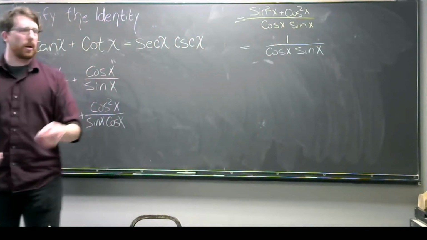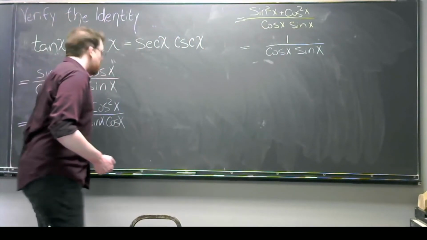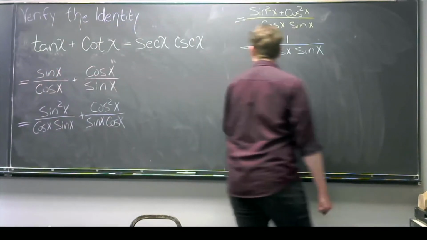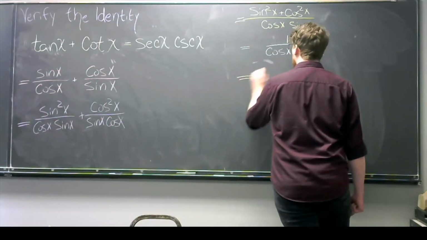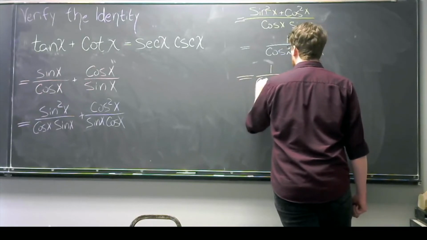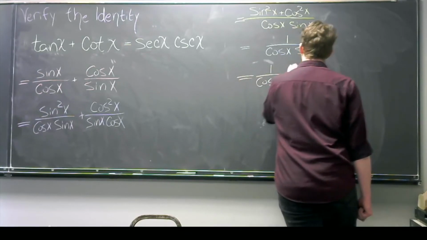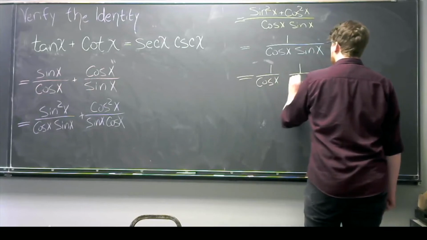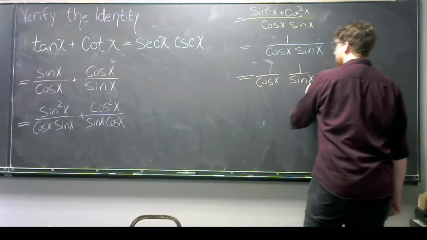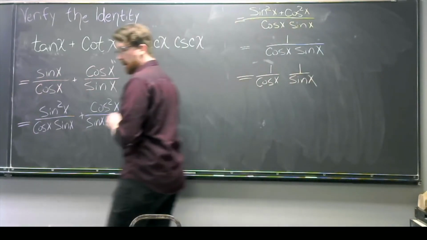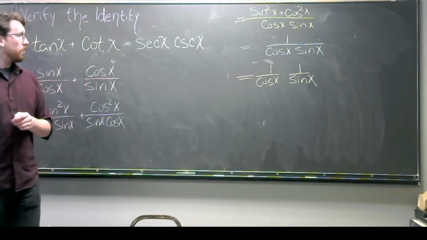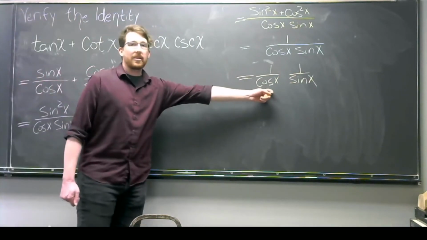But we can break this up into two different fractions being multiplied together. We're going to have 1 over cosine x times 1 over sine x. But isn't this secant?